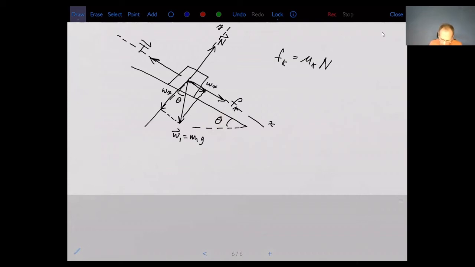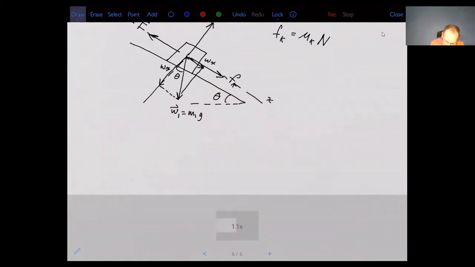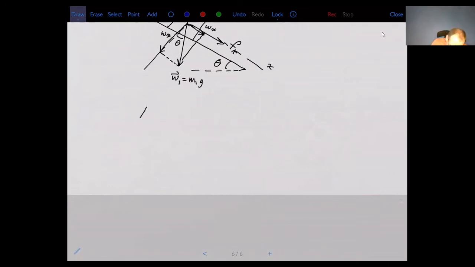Okay, so first thing, let's figure out the x and y components of the weight, what those are. So let me extract out that right triangle here. Remember, this is theta. This was wy. This is wx. It's really w1y, w1x, I'll just call it. Let me put a 1 in there just to remind us it's mass 1. And then the hypotenuse here is going to be the magnitude of that force, which is the weight.